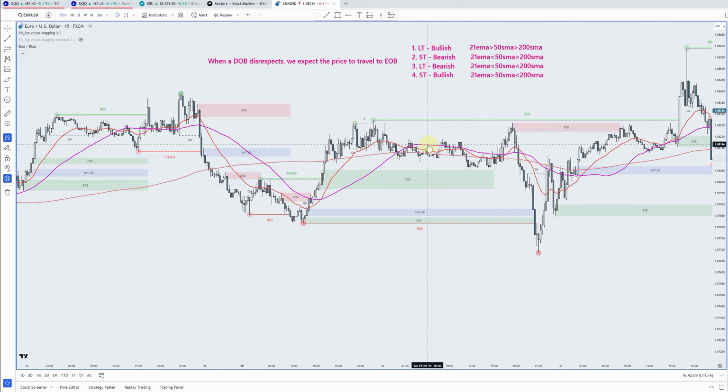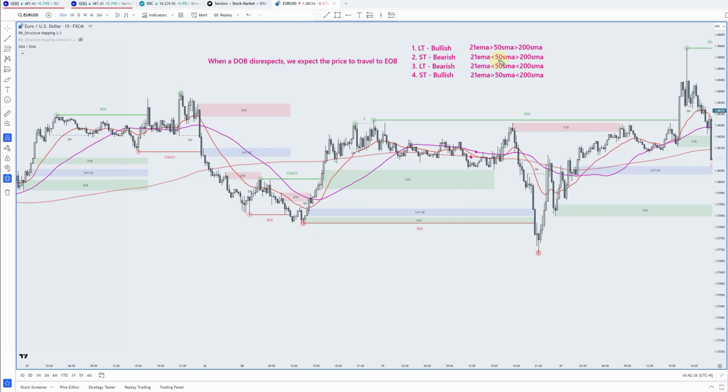Look here, this is the 50. 50 is greater than 200. And 21 is less than 50.